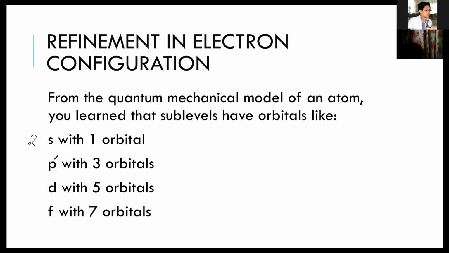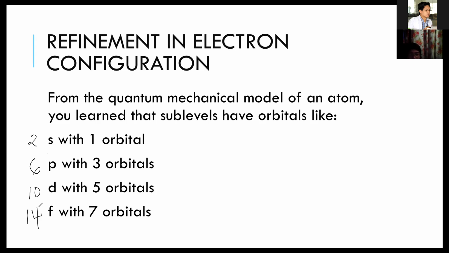Electrons maximum. The P sublevel has 3 orbitals because it can only hold up to 6 electrons. The D sublevel or subshell can only hold up to how many? 10. That's why it has 5 orbitals. F can hold up to 14.